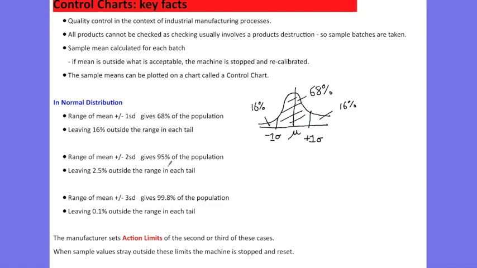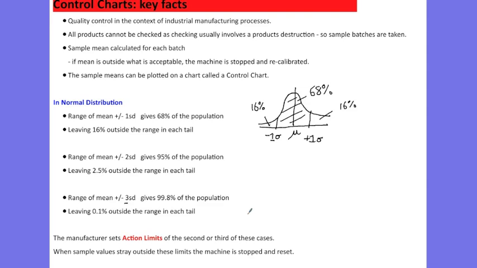If we change that to plus or minus 2 standard deviations, that will give us 95% of the distribution, leaving only 2.5% above and below. Furthermore, a range of a mean plus or minus 3 standard deviations, we have almost all of the population captured, 99.8%, leaving only 0.1% outside of the range in each tail.